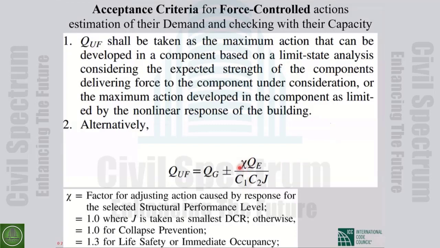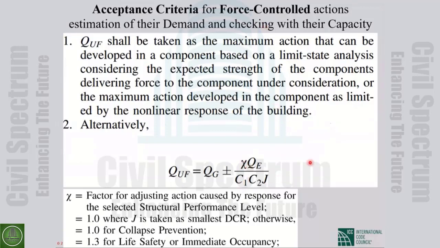Chi, we don't need right now, but it is a factor, again, in our methodology: if the force control is very important or not that important, what is the consequence, it can be different values. But for us, this part is very important.